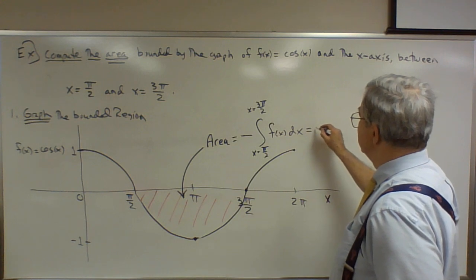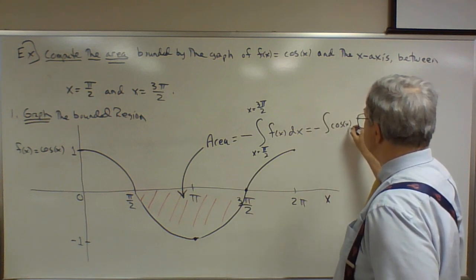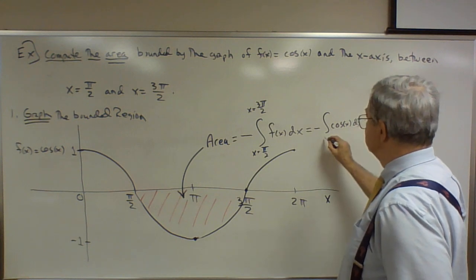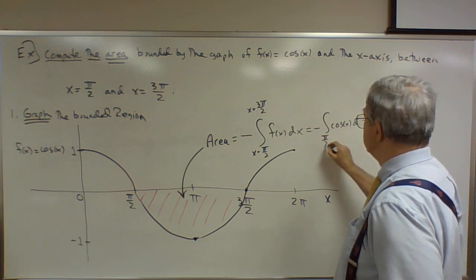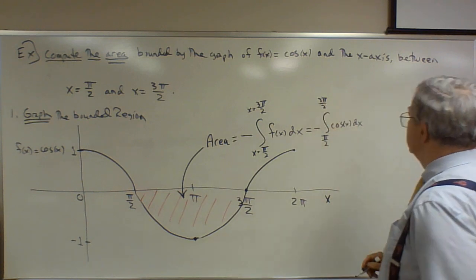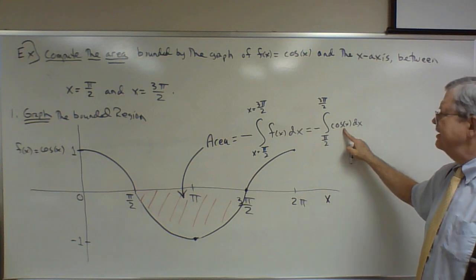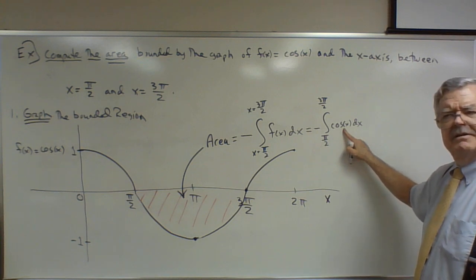So that means we're going to have negative the integral of cosine of x from pi over 2 to 3 pi over 2. Antiderivative of cosine is what? Sine, right?